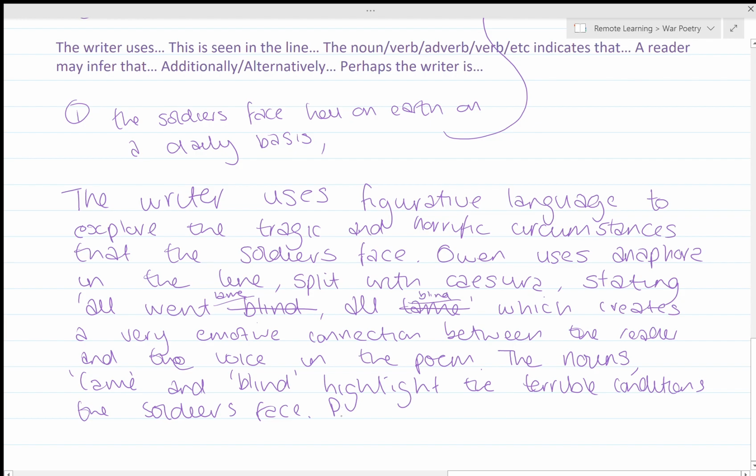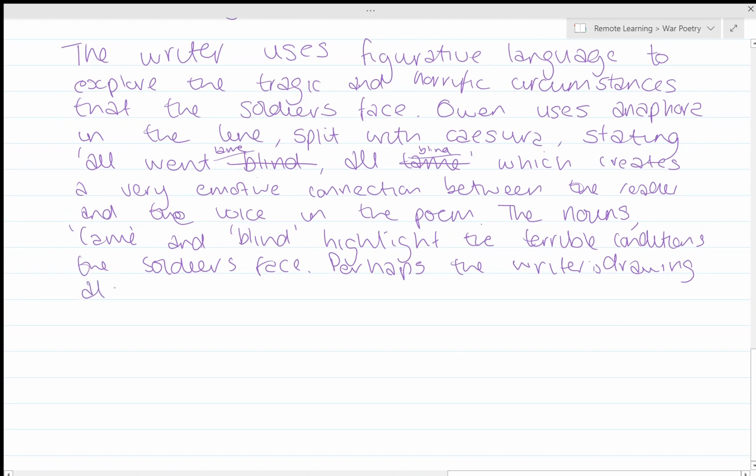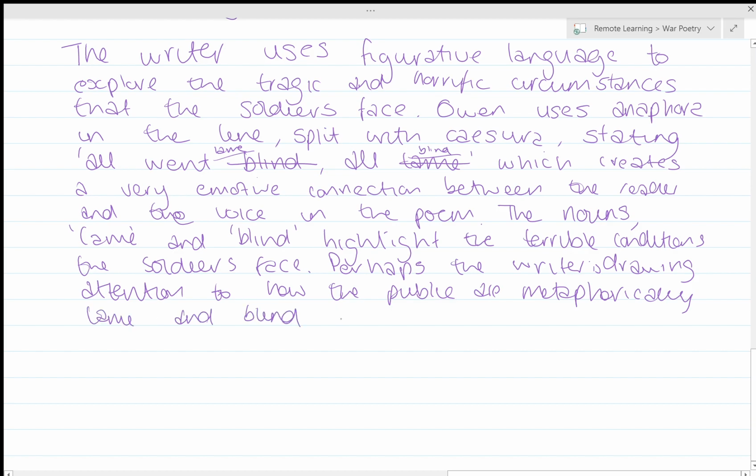So perhaps the writer is drawing attention to how the public are metaphorically lame and blind to the true nature of the war.